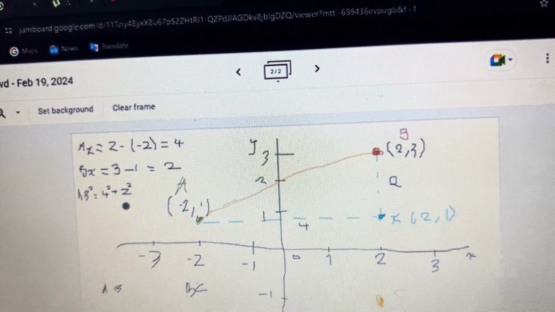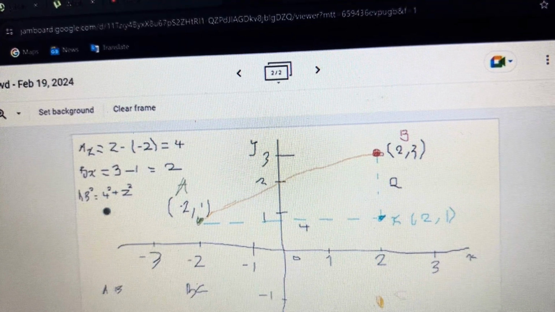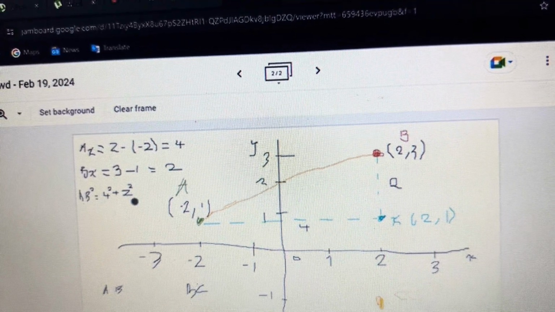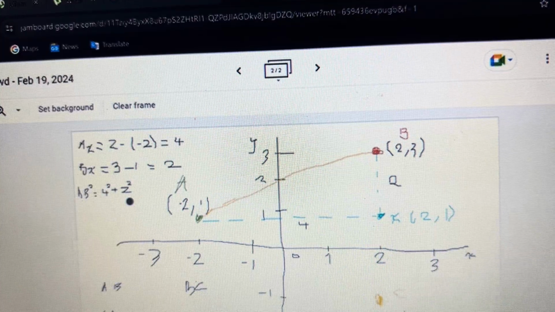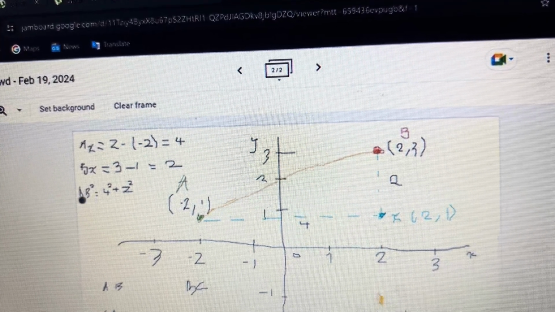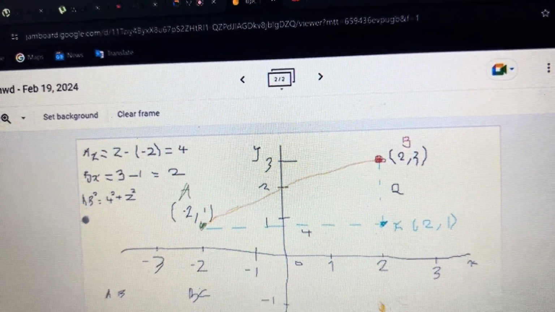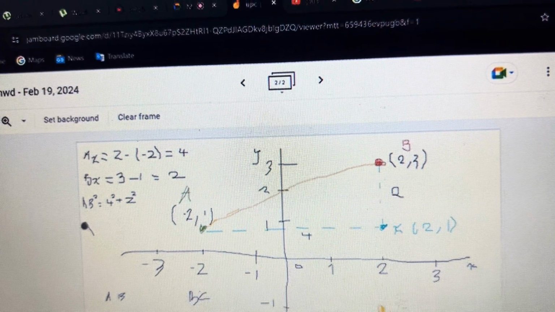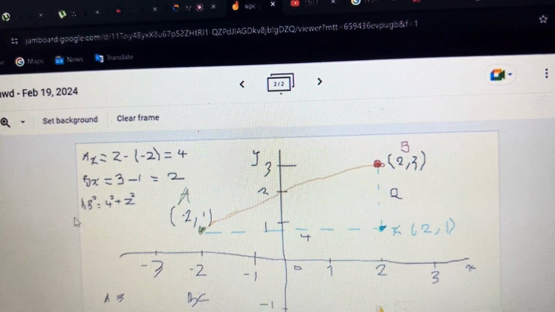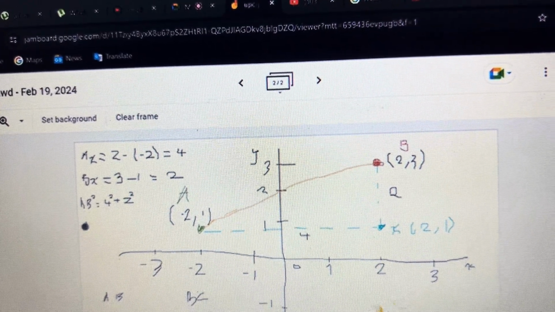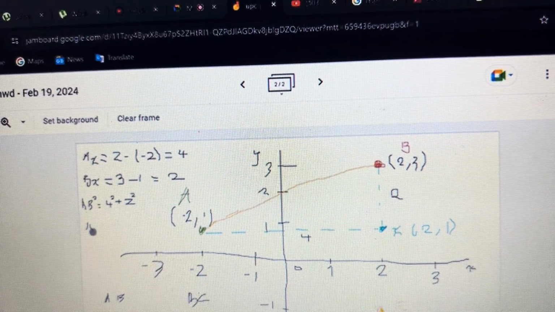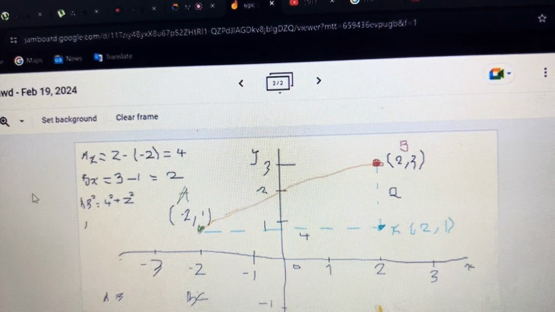So if we do our math here, 4 squared gives us 16, 2 squared gives us 4, 16 plus 4 gives us 20. So AB squared, my writing has become bad.